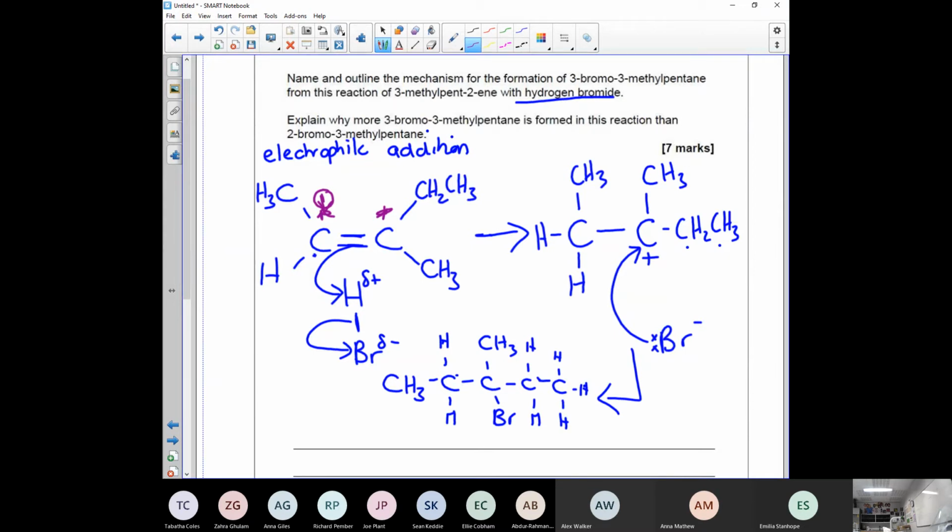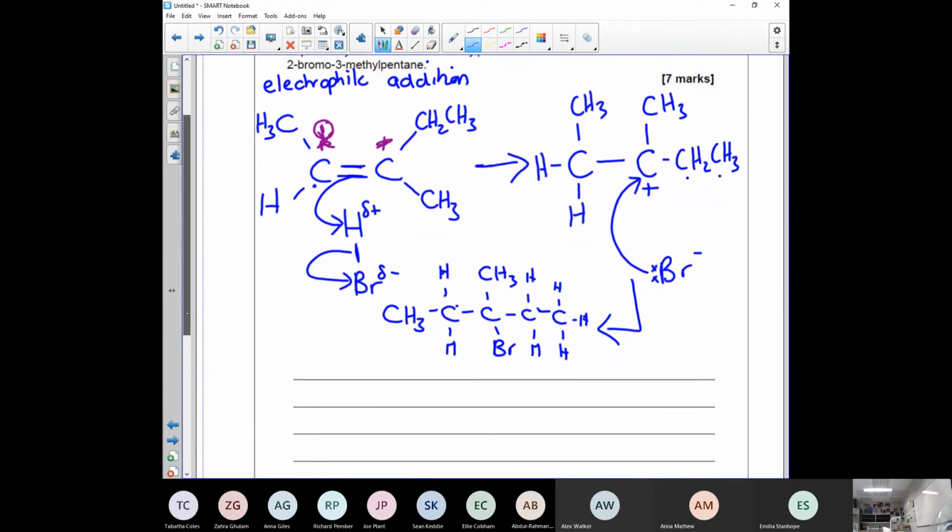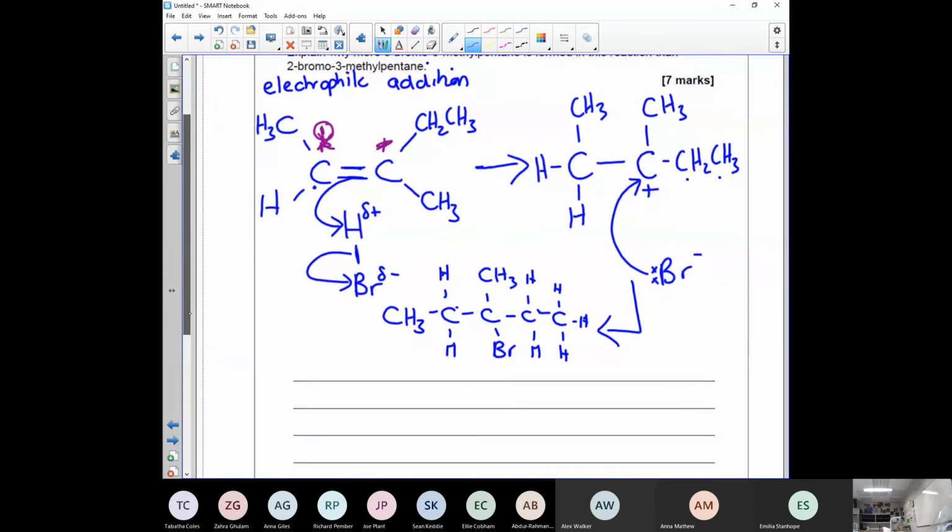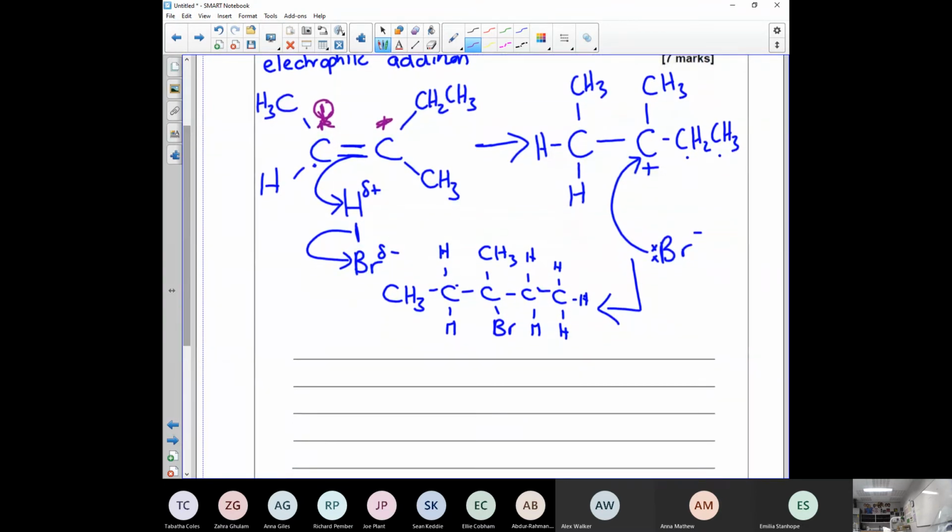Right, we have to explain now why that 3-bromo 3-methylpentane is formed in the reaction. So basically, we have to explain why more of this thing that we've made is made in our reaction. Right, so it's all down to this carbocation that we formed in the second step, and how stable that carbocation is.